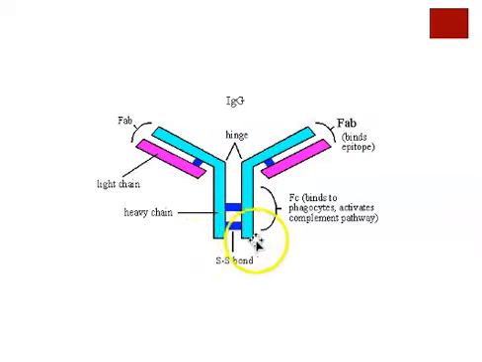The FC is the region right here on the stem of the antibody that is able to bind to the surface of immune cells. So in other words, for some immune cells, like memory cells, this part of the antibody will bind to the surface of the immune cell so that the arms are reaching out off the surface of that cell. And if that cell encounters the antigen, it will bind to the FAB.